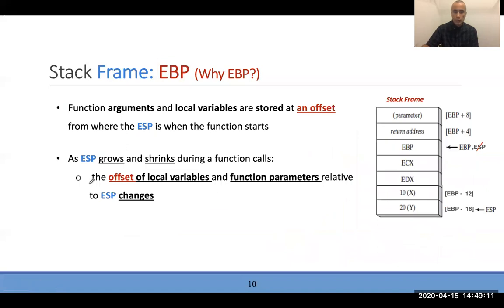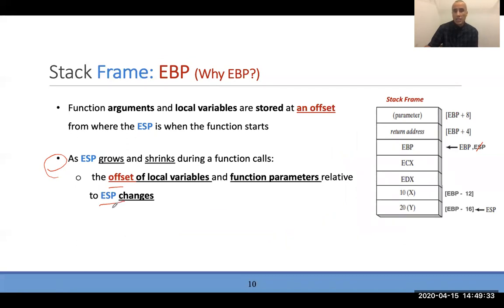You can see the fact right here, because the stack pointer really grows and shrinks during the function call. So we don't know where it is exactly. So the offset, which is the address of local variables in a function, relative to the stack pointer changes. Okay, so the change is going to be really crazy. You don't know.